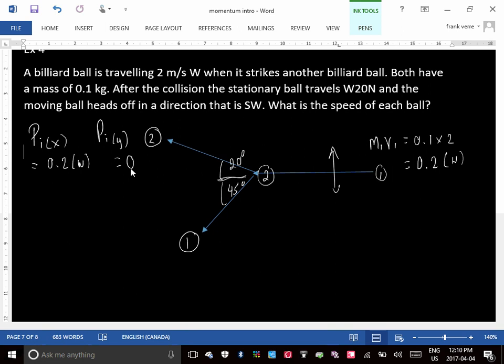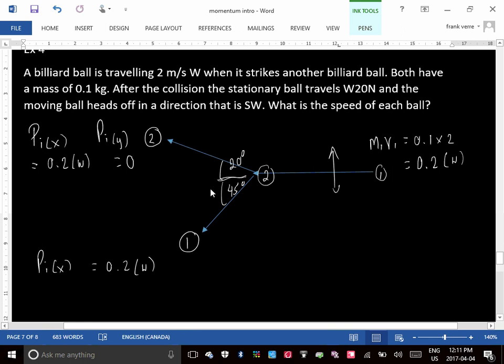We have the angle. Okay, we're told that each ball has an angle of 20 degrees, correct? Okay, so this is what we're going to do. Let's look at the momentum along the x. The momentum along the x has to be 0.2 west. Right?